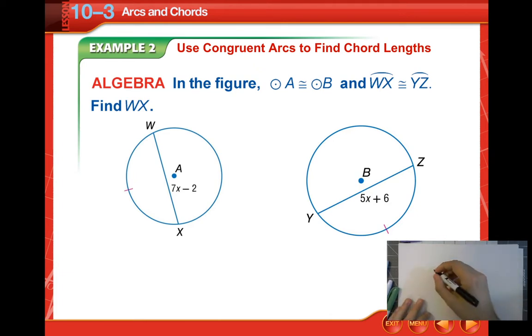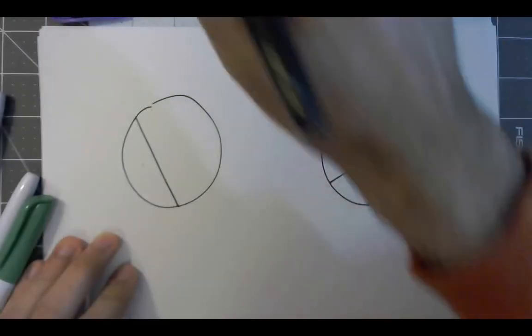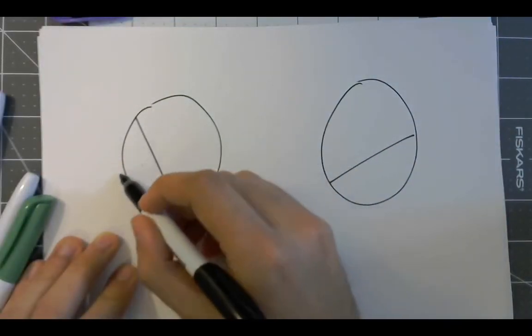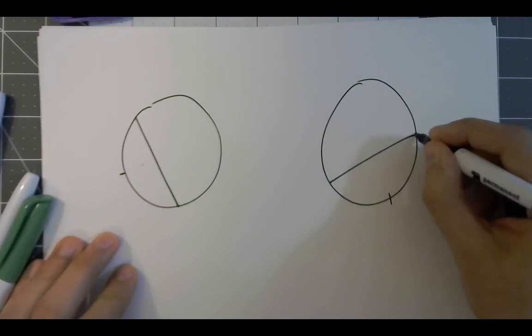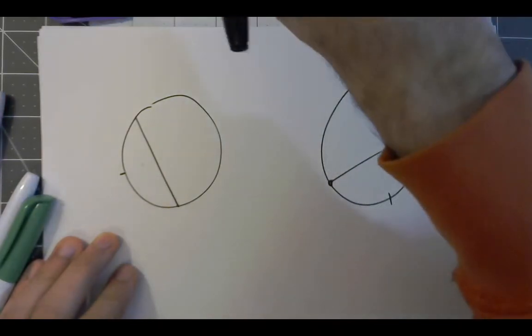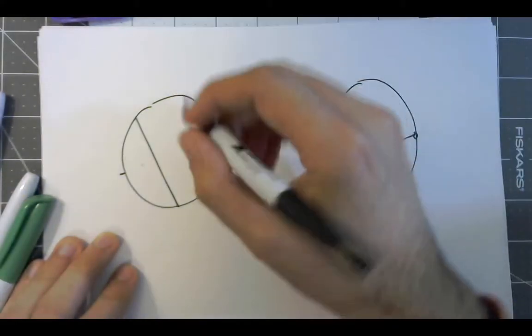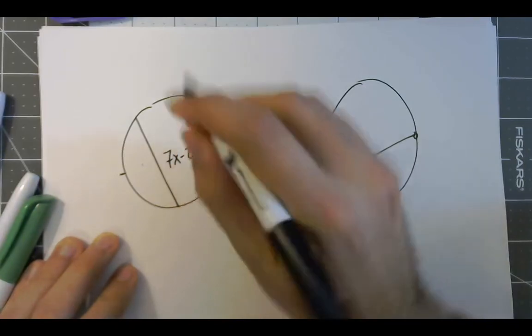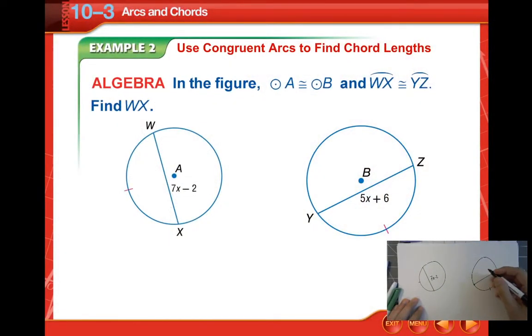We have two circles, and we're told that these match. This was 7x minus 2. Here, I'll put it back up here. And this is 5x plus 6.